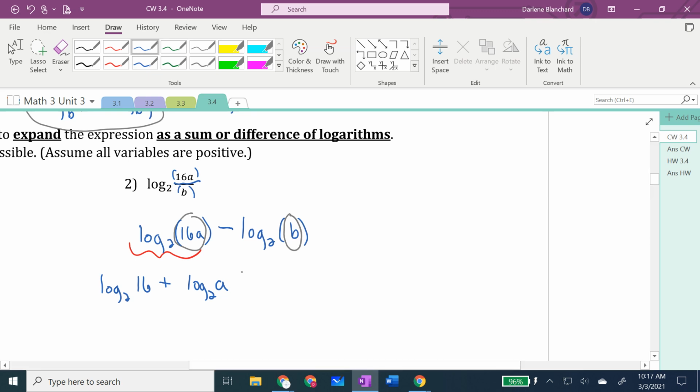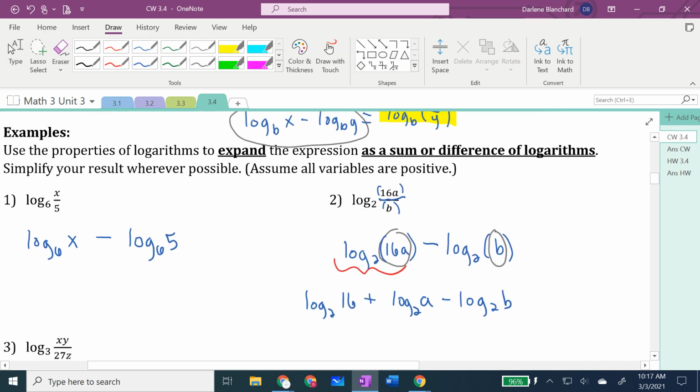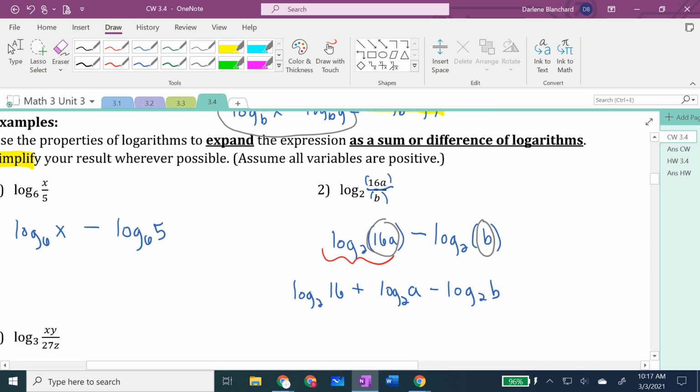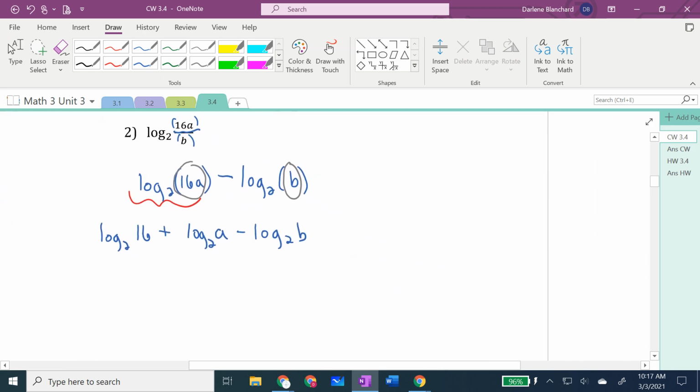And then I still have the other piece. I have expanded at this point, but the directions go on and say simplify wherever possible. So again, this is expanded, but now is there anything you can simplify?